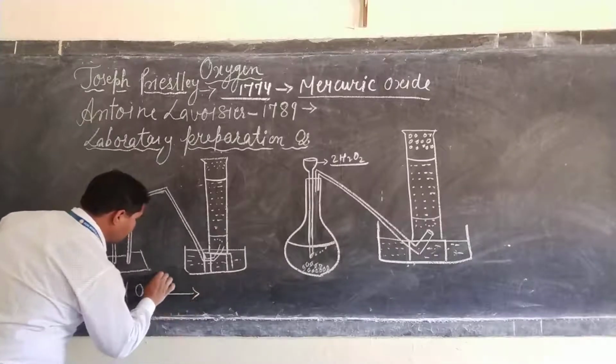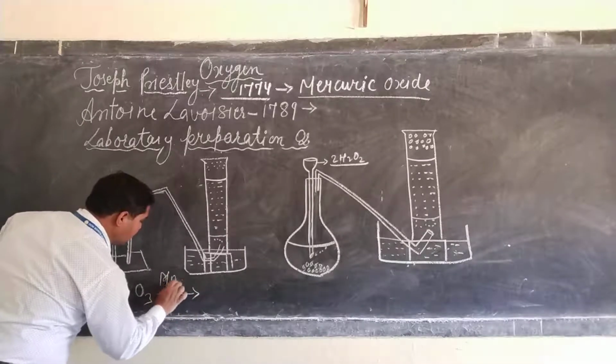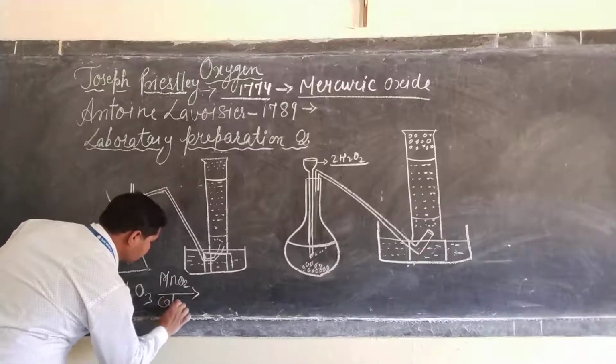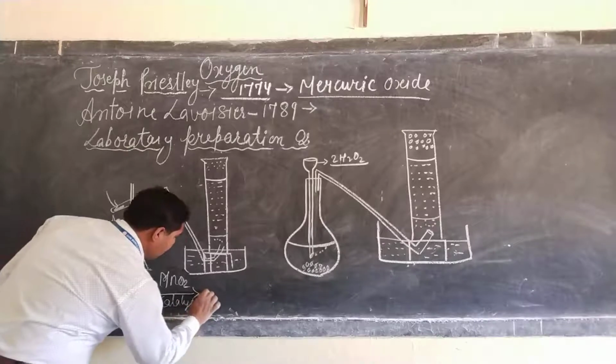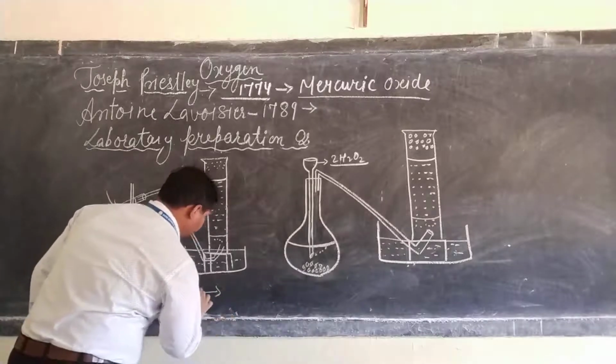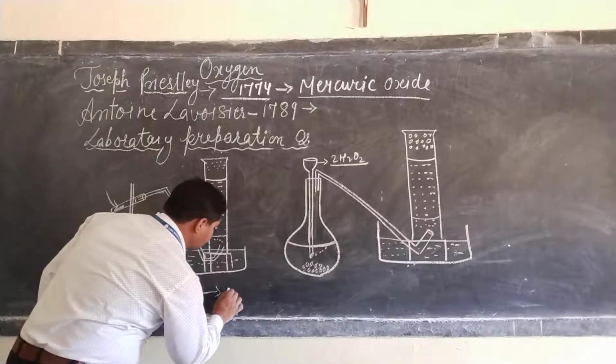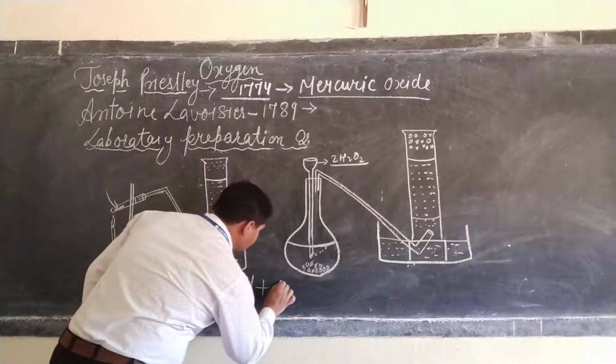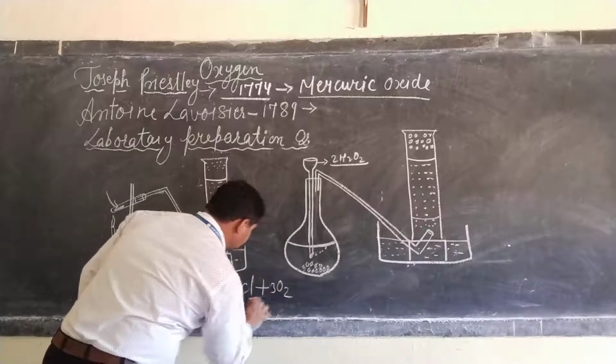Potassium chlorate breaks down in the presence of manganese dioxide, a catalyst, and produces potassium chloride plus oxygen.